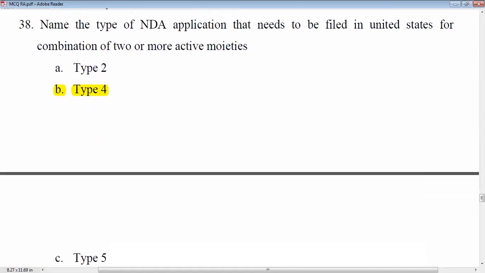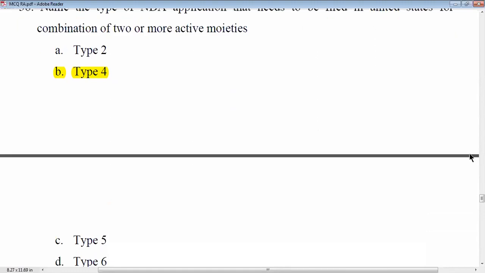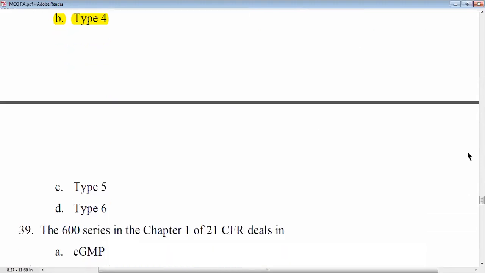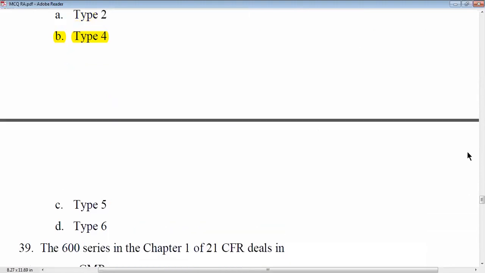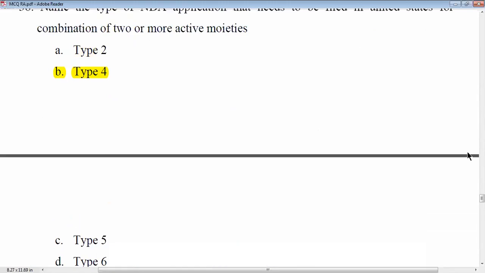Next multiple choice question is: name the type of NDA application that needs to be filed in United States for combination of two or more active moieties. Option A is type 2, option B is type 4, option C is type 5, option D is type 6.